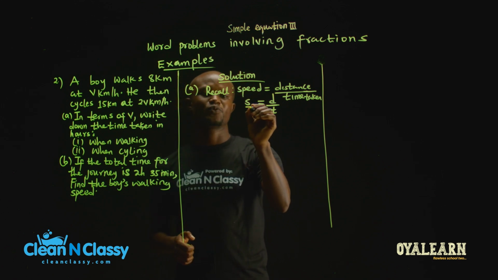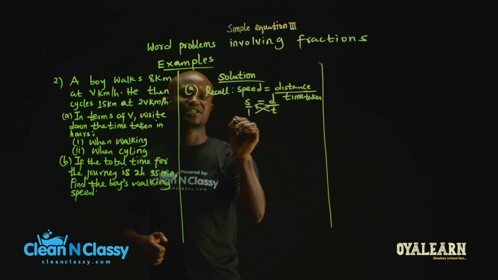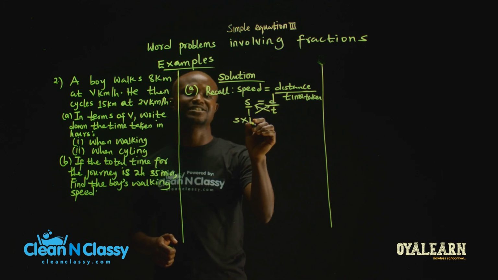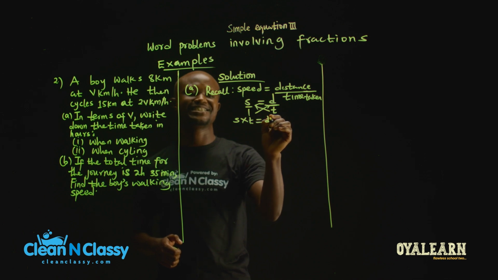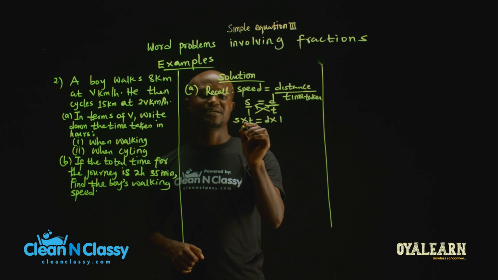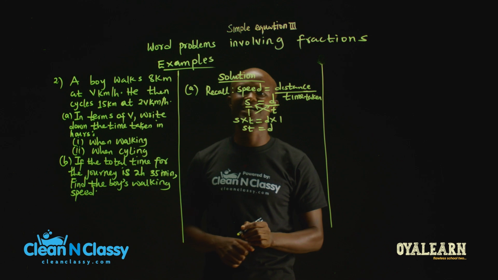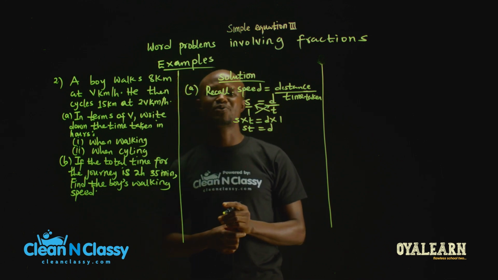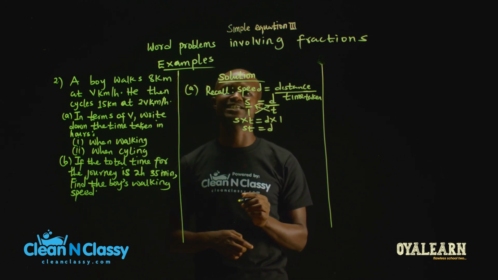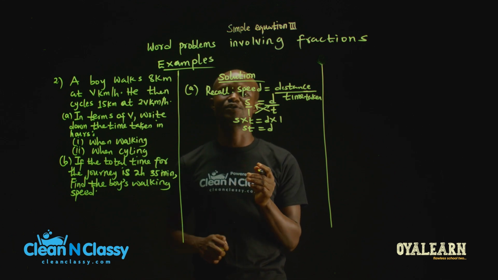Now, we can cross multiply from here. It means that S times T will be equal to D times 1. Then we have ST equals D. We want to make T the subject, so we divide both sides by the coefficient of T. What is the coefficient of T here?